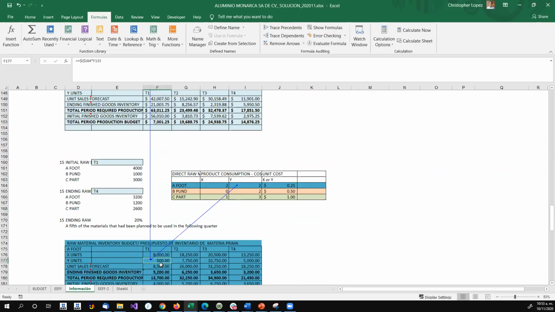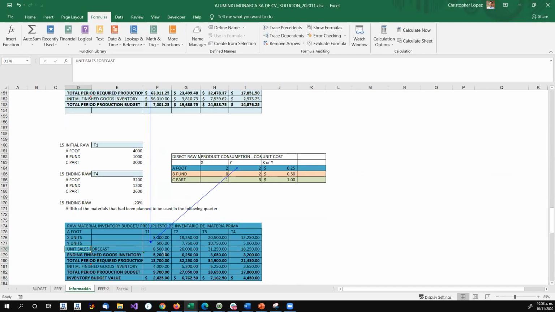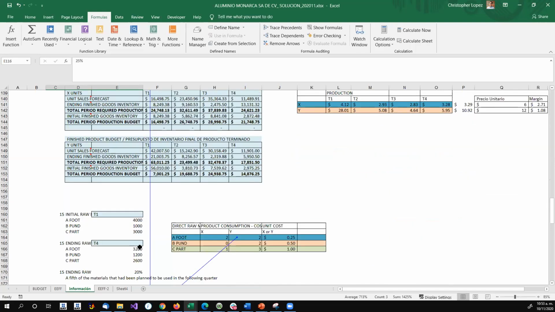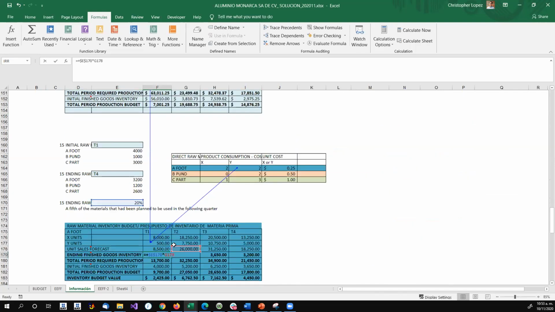The addition of those 2 is the total raw material needed for the production budget, okay? So all I need to do now is do the same thing that you did here, because there is also an instruction that you need, here is a quarter, here is 20%. So you multiply 20% of the next one, that's what you have here, and then you just need to add them up.